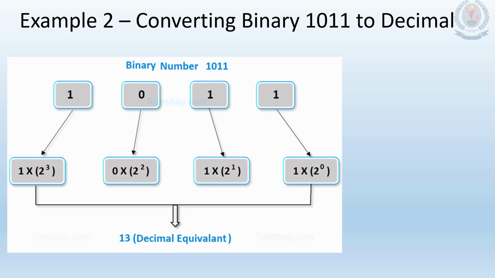Then the next digit 1 multiplied by 2 to the power 1. Then the next digit 0 multiplied by 2 to the power 2, so you get 0. If you add these numbers together, you are not going to have any value in this third position from your right hand side. So you will get 13 in decimal.